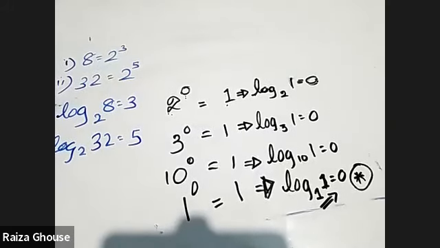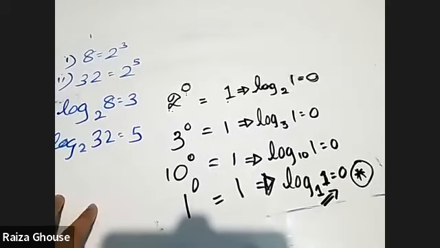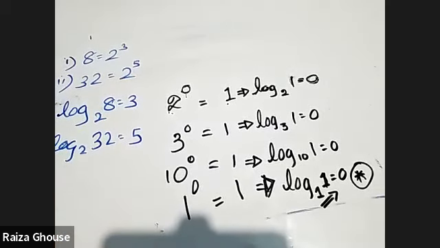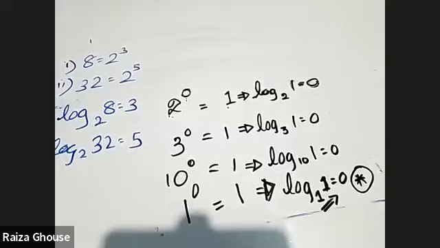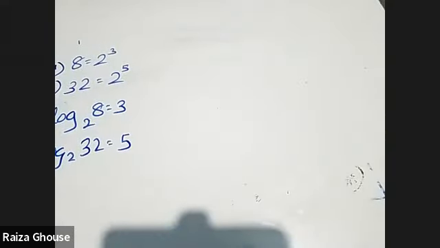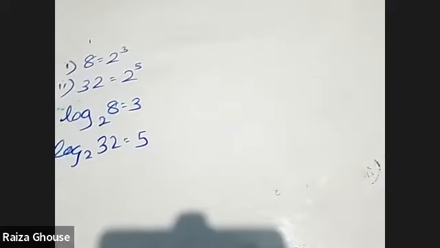Now, why did I give you this question? Because I need to approach you to the third law. I'm going to go to the third law taking this question. Right, have a look.